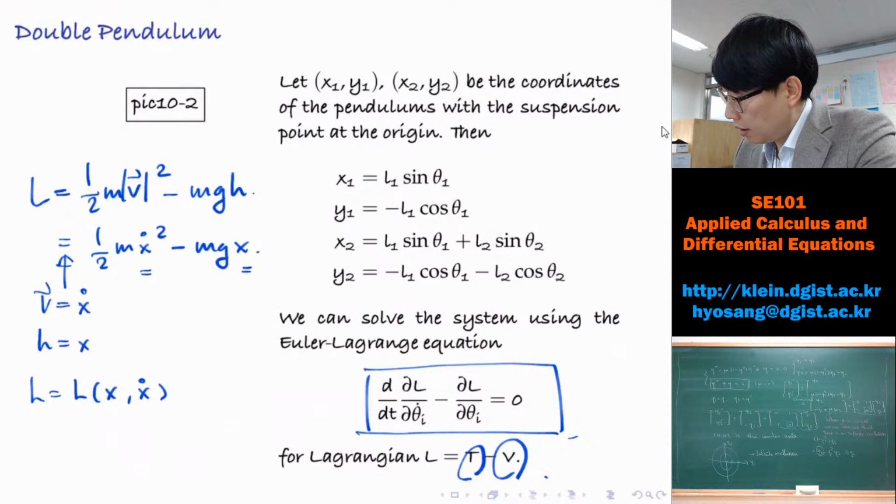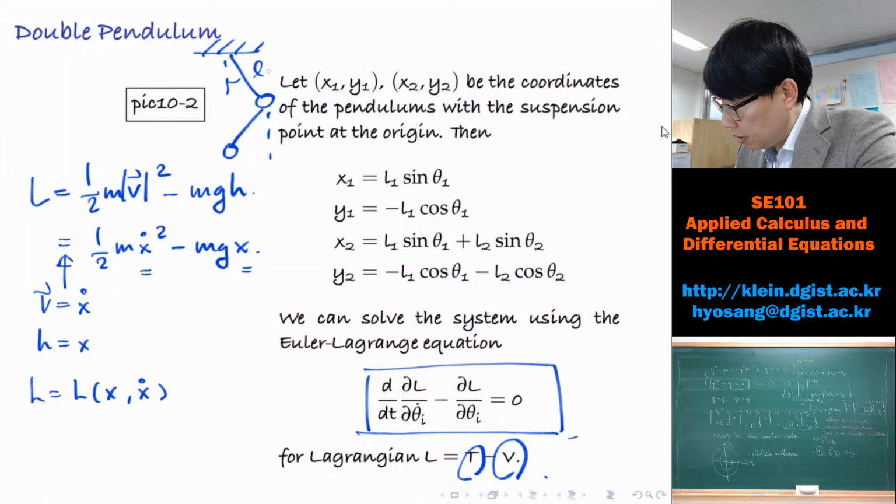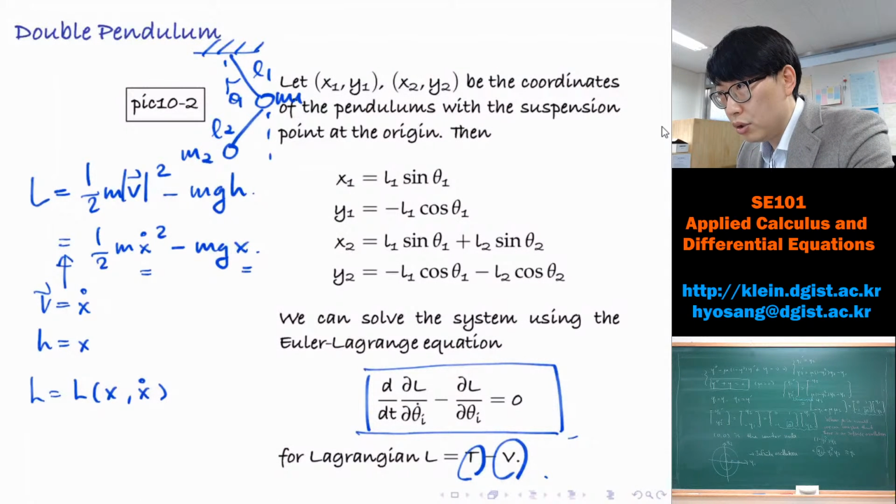So when I model my double pendulum, here's the ceiling, here's one object, and here's another object. I have fixed lengths for the two pendulums, and the masses of the two objects are fixed. What changes is the angle of the pendulum lines. Let's say theta 1 is the angle between the vertical line and the first pendulum, and theta 2 is the angle between the vertical line and the second pendulum.